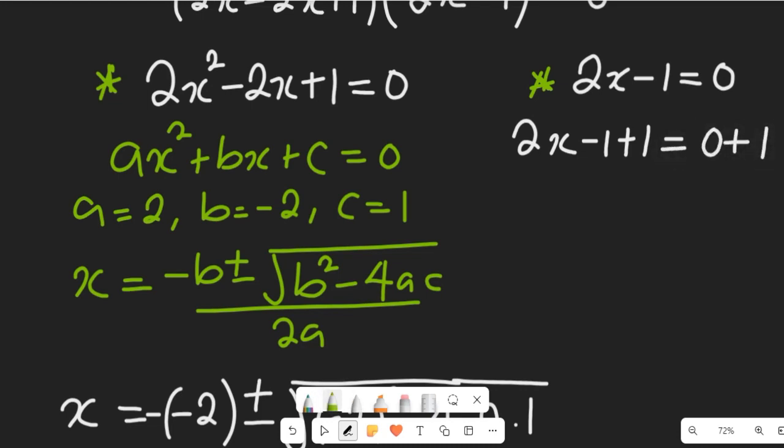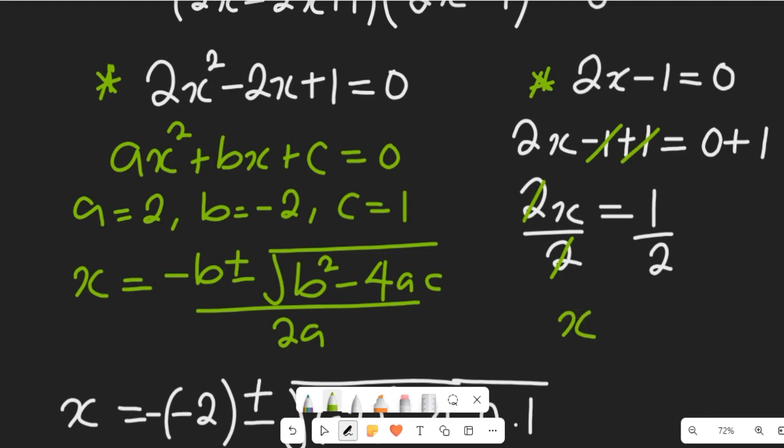So if this clears this, we'll have 2x to be equal to 1. If we divide here by 2 and here by 2, you find out that the value of our x, when this clears this, will be equal to, and we'll make this x3, 1 divided by 2.